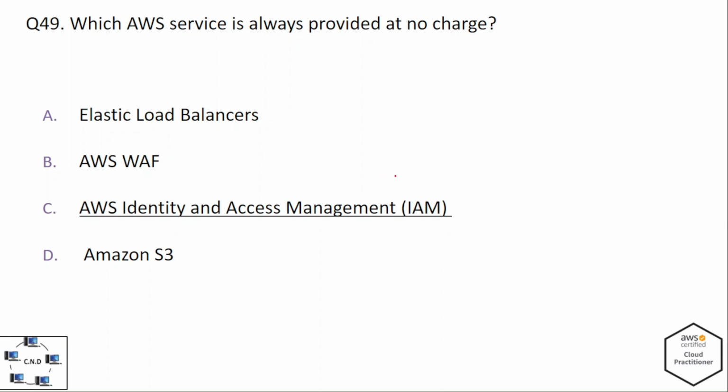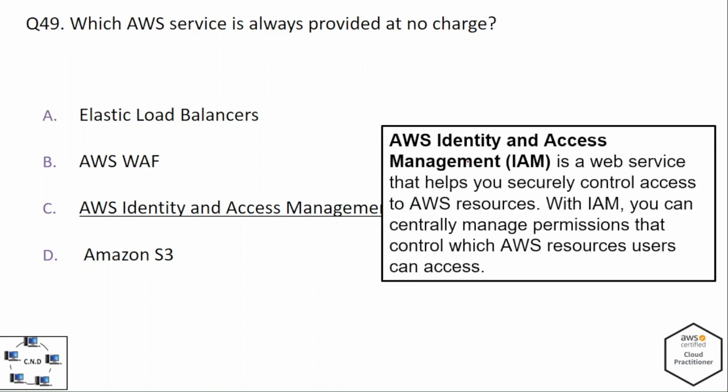So AWS Identity and Access Management is provided without any charge. It is a web service that helps you securely control access to AWS resources. With IAM, you can centrally manage permissions that control which AWS resources users can access.